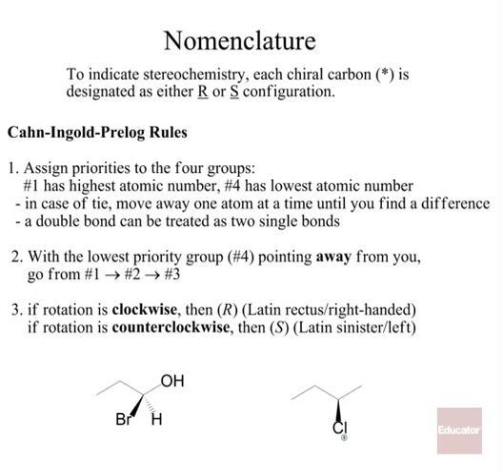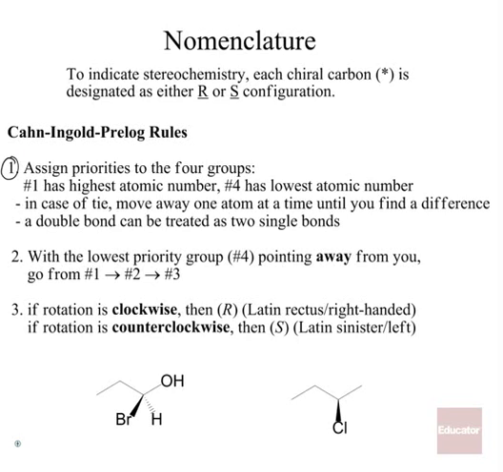What we're going to do is, for every chiral carbon that we find, so every tetrahedral carbon with 4 unique groups on it, we're going to name that as either an R or an S configuration. So let's talk about the rules on how to determine whether it's R and S, and then we can look at several examples. These are known as the Cahn-Ingold-Prelog rules. Our first step is that we need to assign priorities to the 4 groups.